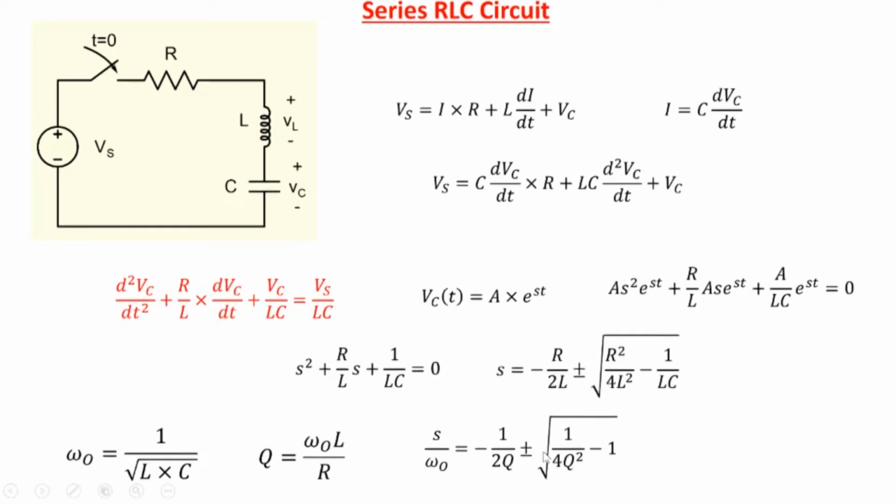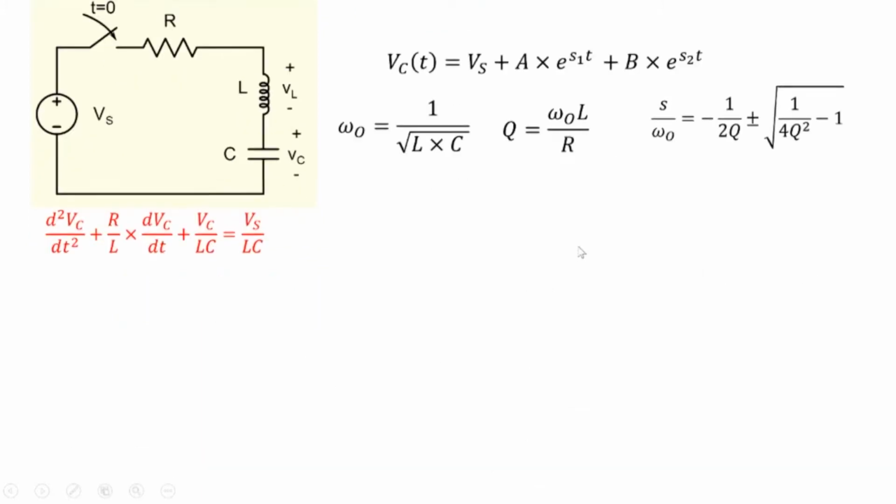Let's look at the behavior of this circuit in a little more detail. Note that I've now written two exponentials: A e to the power s1 t, where s1 is with the plus sign, and A e to the power s2 t, where s2 is with the minus sign. These are the two solutions that come as the natural response of the circuit when this is 0.